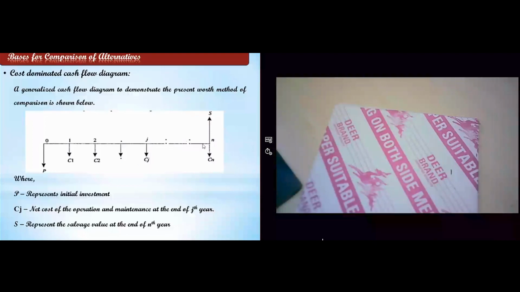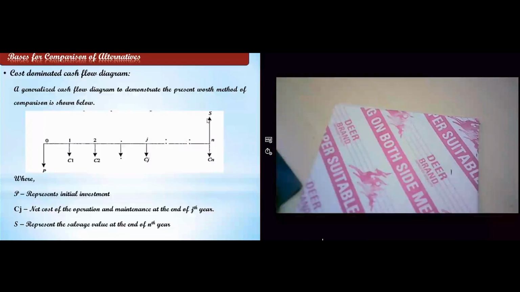For example, if you purchase an equipment worth 10,000 today, after some years it loses its value by some percentage, and it comes back to say 3,000 rupees. That amount we consider as the salvage value, and this 3,000 we will get when we sell the equipment.